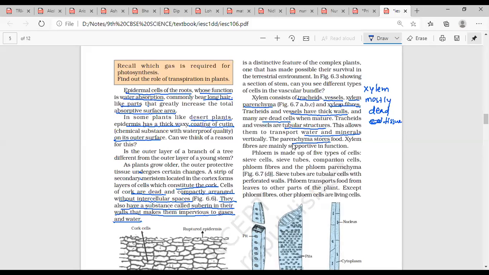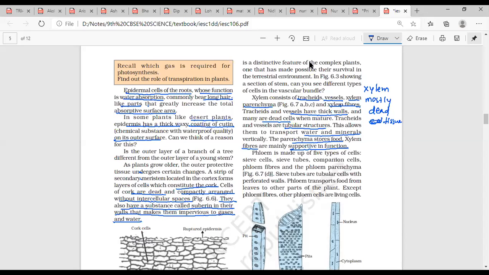Xylem parenchyma's function is to provide food, nourishment to those cells. And the fibers, that is sclerenchymatous fibers, have a supportive function. They provide mechanical support so the bundles won't rupture. A protective covering is formed over these bundles with the help of those fibers.